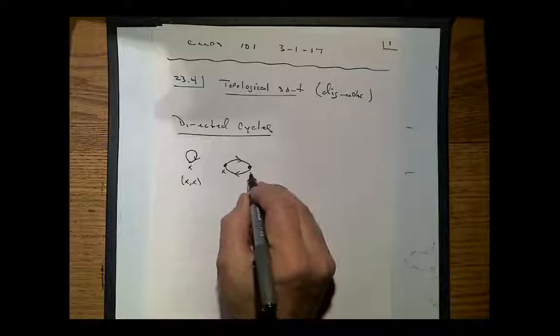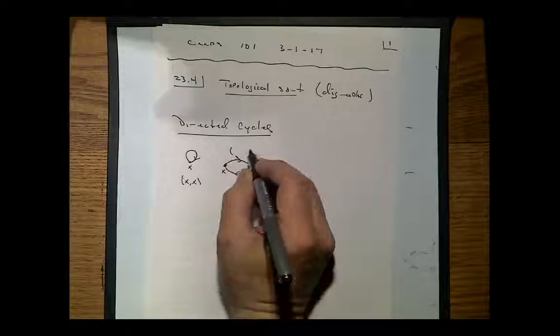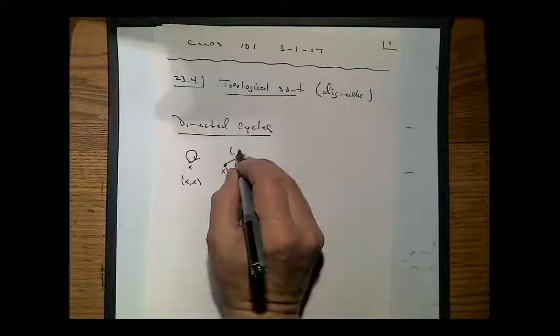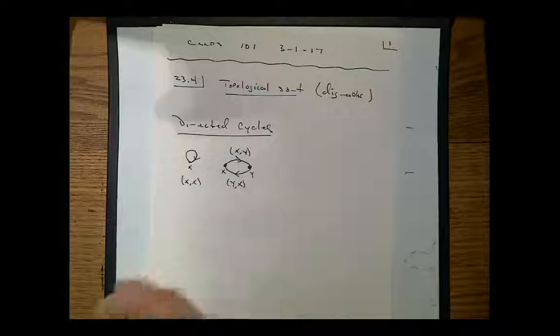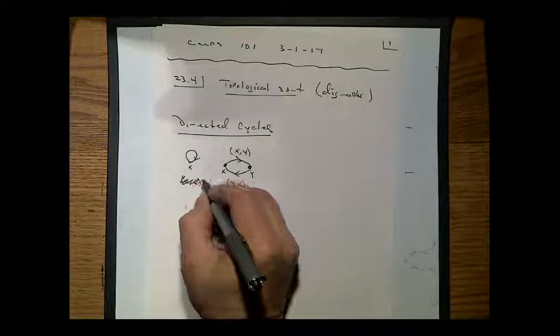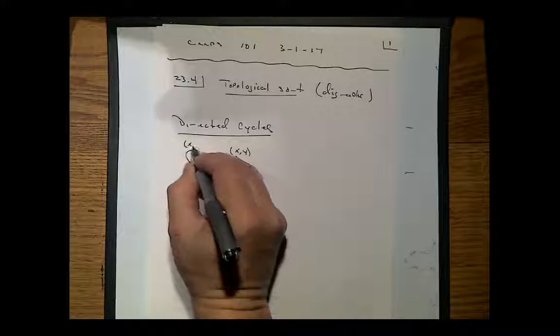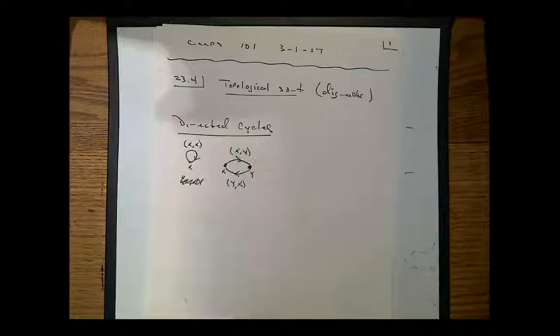So if that's x and that's y, the two edges are x to y and y to x. Those are different ordered pairs. Maybe I should have labeled the edge xx. It's the edge that is formally the ordered pair xx.